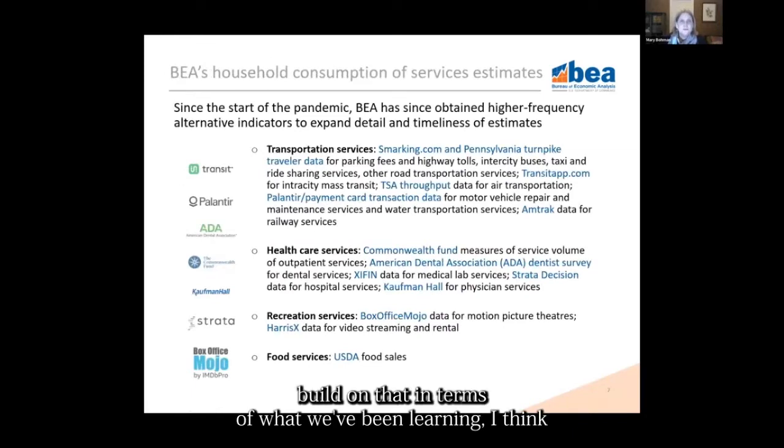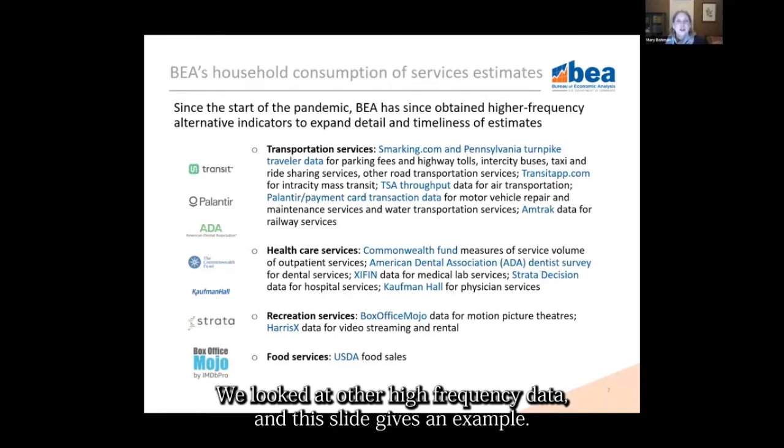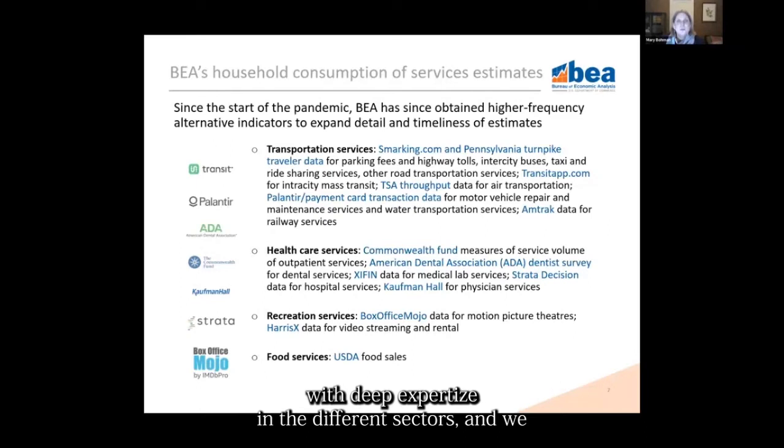Let me just build on that in terms of what we've been learning because of the pandemic: we didn't just add Fiserv as another arrow to our quiver or tool to our toolbox. We looked at other high frequency data, and this slide gives an example. A key here was that we have a staff at BEA of hundreds of economists with deep expertise in the different sectors.